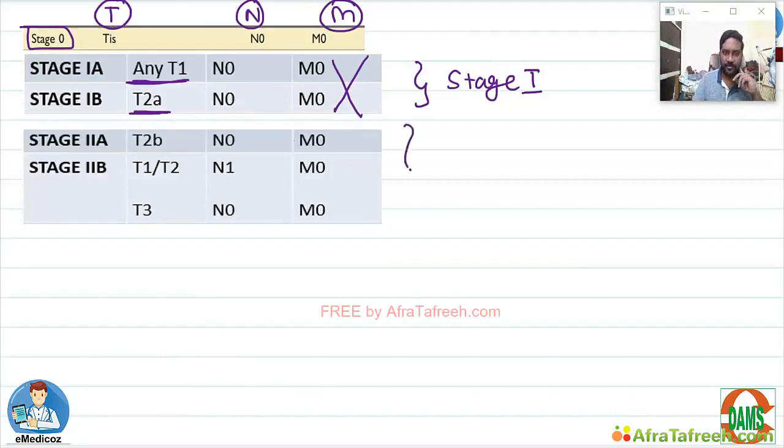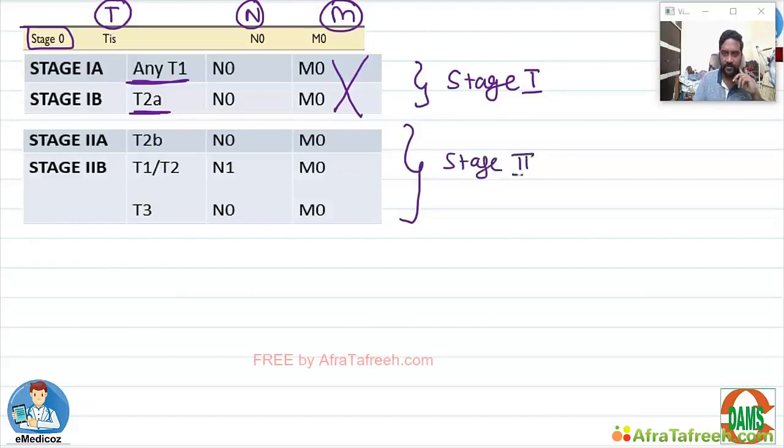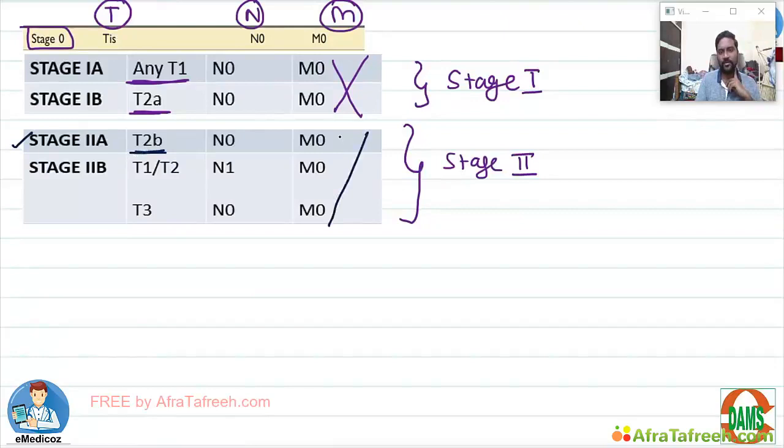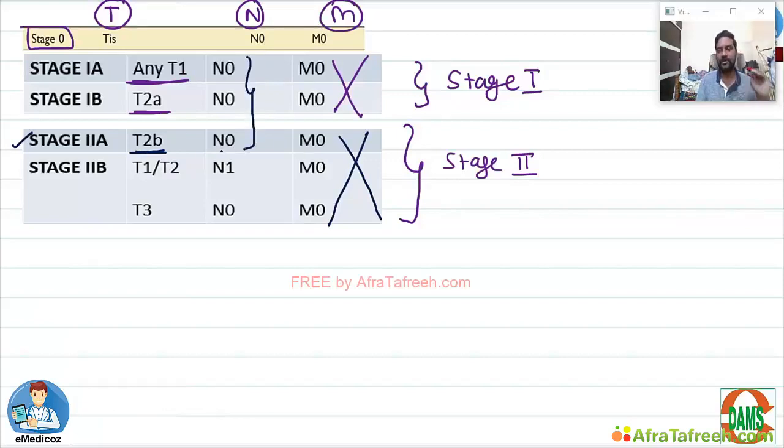In stage 2, there is 2A, 2B. To call it stage 2A, the tumor has become T2B. So T2B, no nodes. So no need to worry about metastasis. So up to stage 2A, generally there will be no nodal involvement.